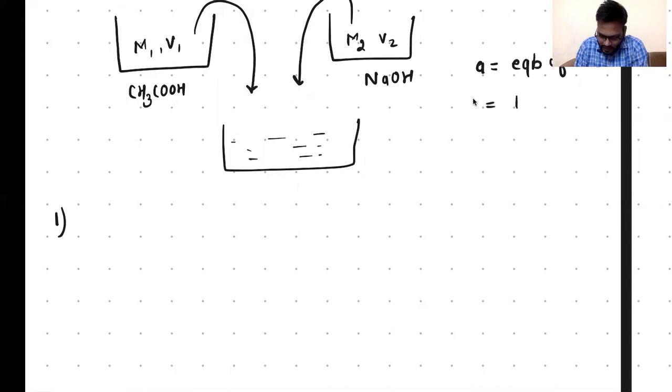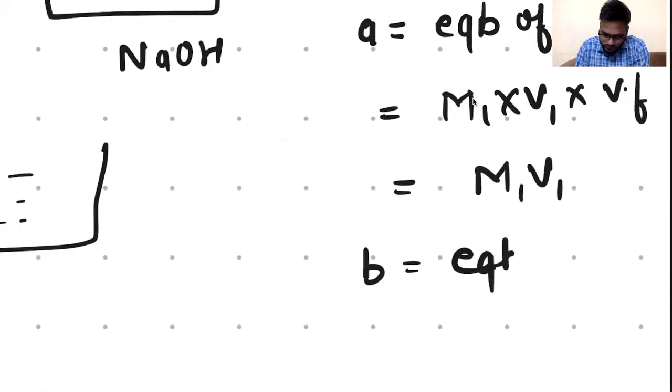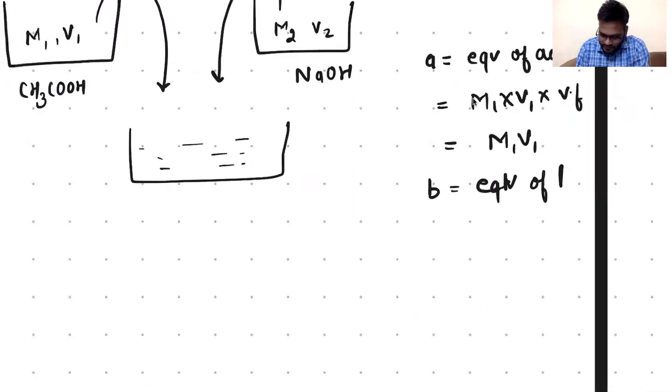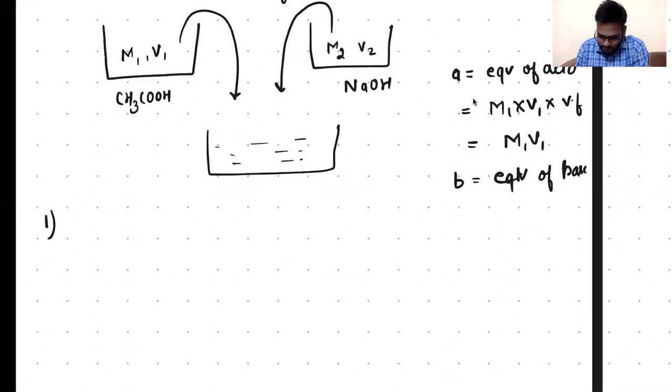That will be equal to M1 into V1 into n factor. In this case the n factor, or valency factor, is 1, so it will come as M1 V1. B is the equivalent of base, M2 V2. Here also the valency factor of NaOH is 1.